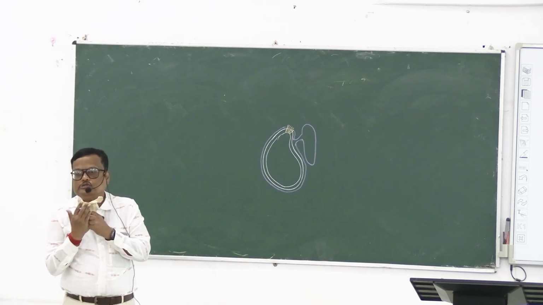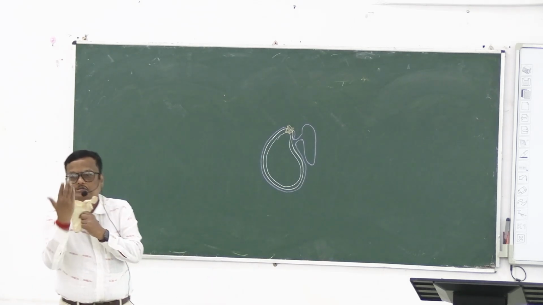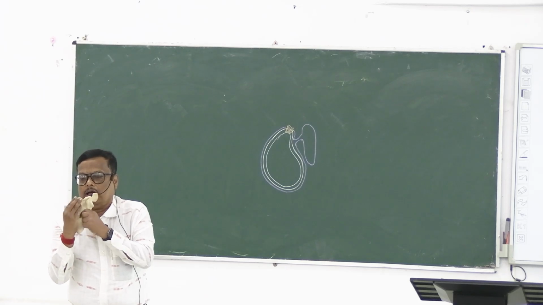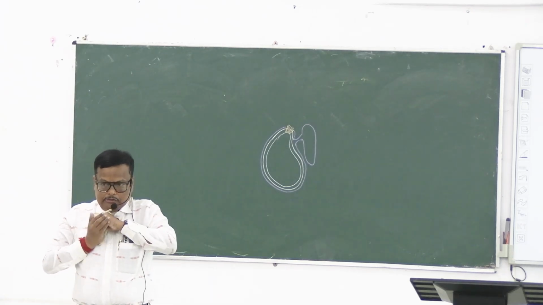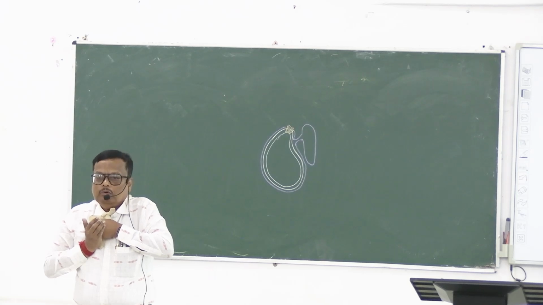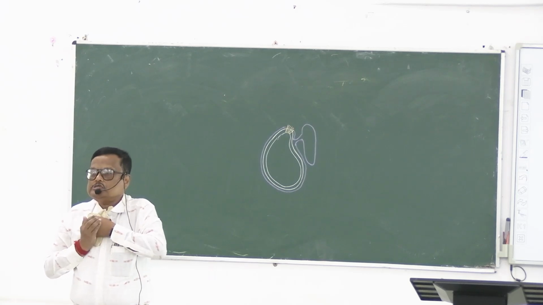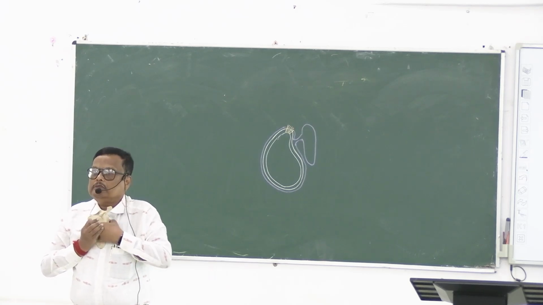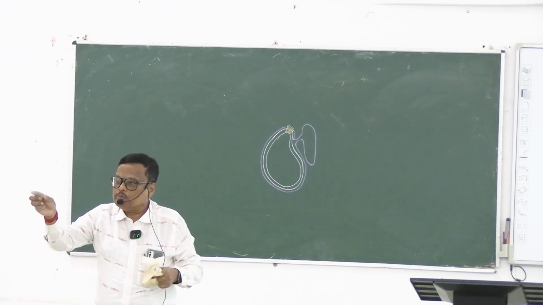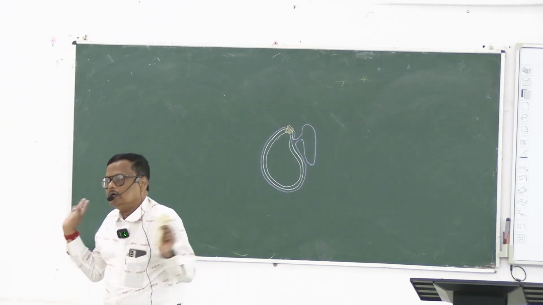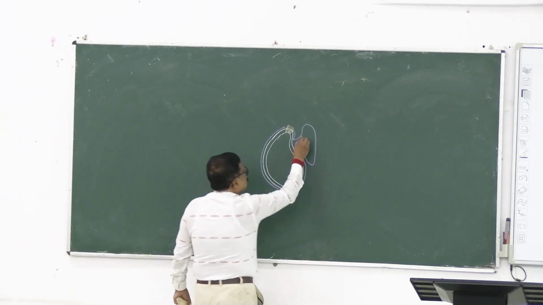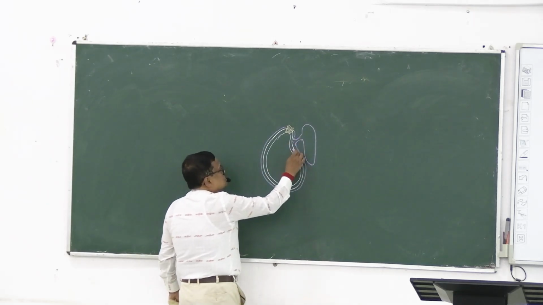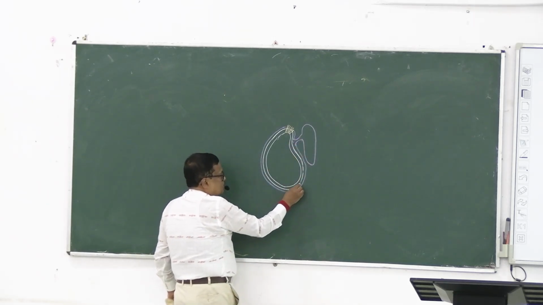Here the subscapularis muscle, this is my hand, the subscapularis, and between the scapula and the subscapularis there is a balloon full of fluid. This is the subscapular bursa, and this subscapular bursa communicates with the joint cavity. Clear? Look, this is the subscapular bursa, it communicates with the joint cavity containing synovial fluid.